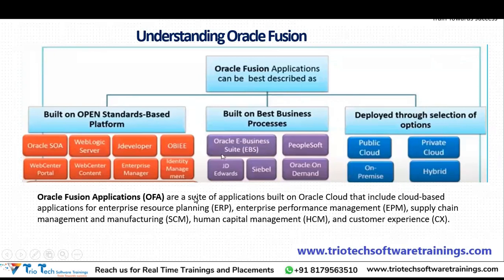Now, Oracle Fusion applications are a suite of applications. There are multiple applications in the Oracle Fusion architecture, built on Oracle Cloud, that include cloud-based applications for enterprise resource planning, enterprise performance management, supply chain and manufacturing, human capital, customer experience, and a lot more.